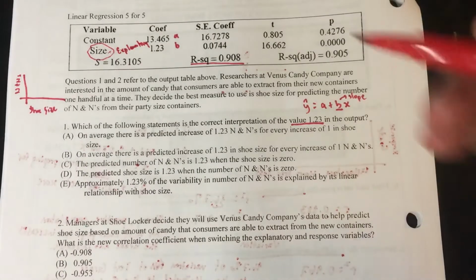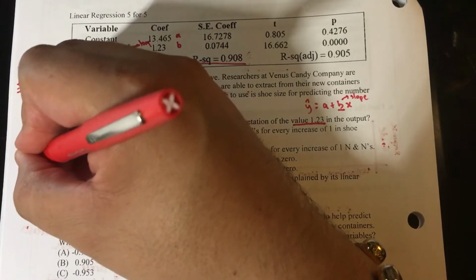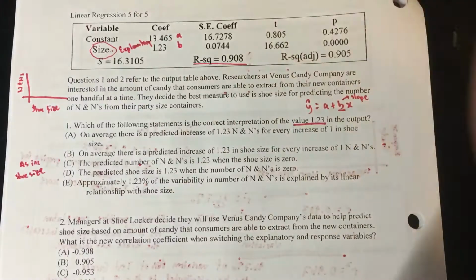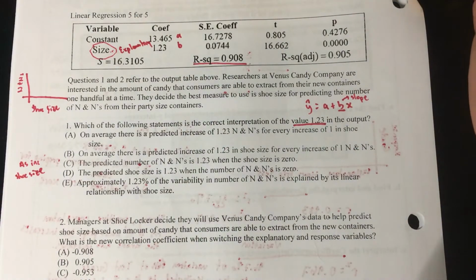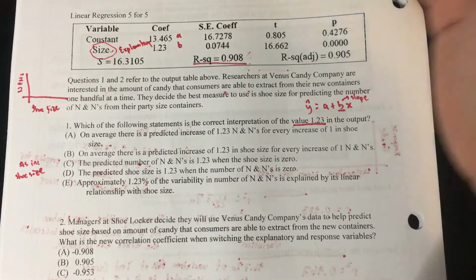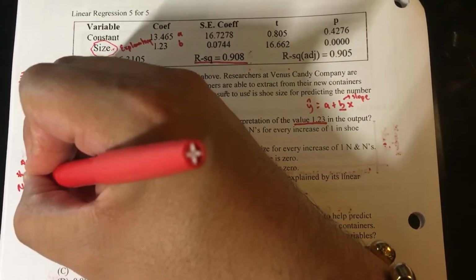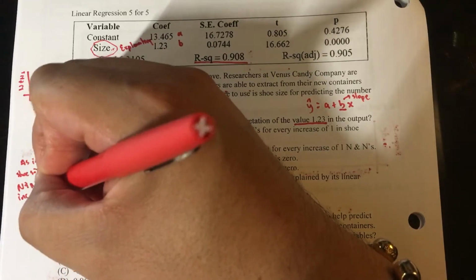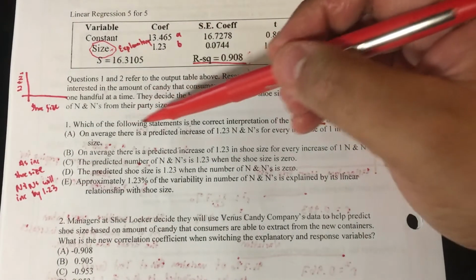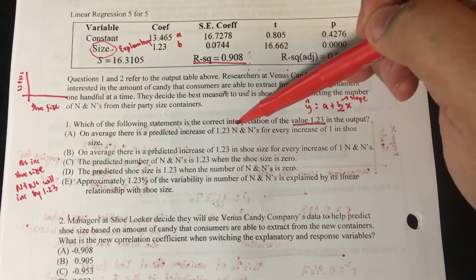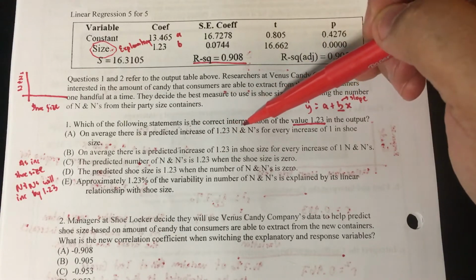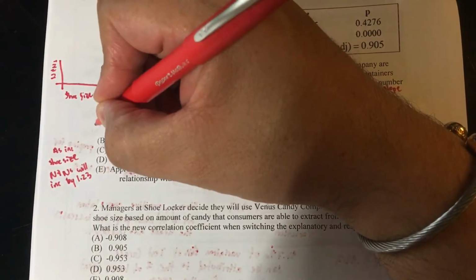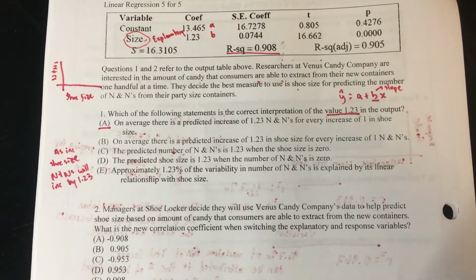So as I increase the shoe size, the number of N&Ns will also, in this case, increase by 1.23. So when I read through these, on average, the increase of 1.23 N&Ns for every 1 inch of shoe size is asking me to interpret the slope. So the answer here is A.